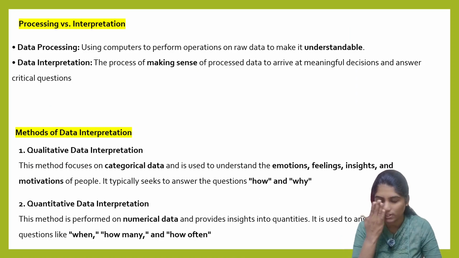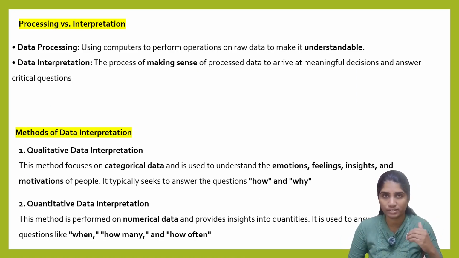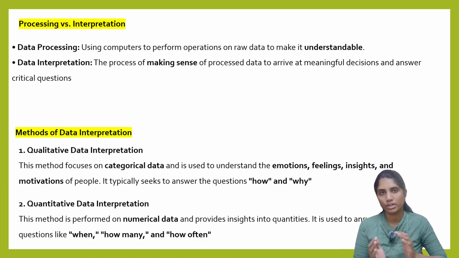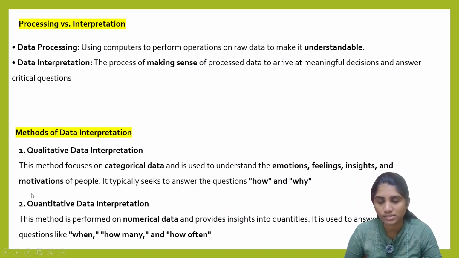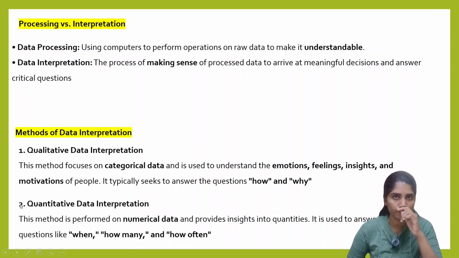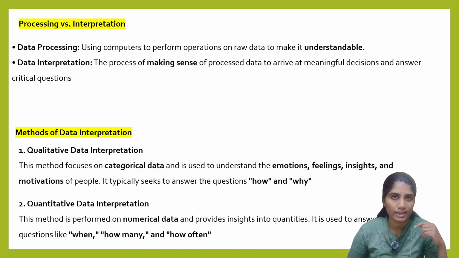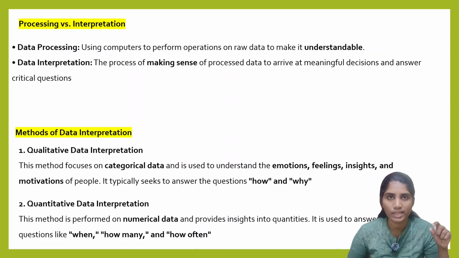Once we understand the different features, the independent and dependent features, and after that we have acquired and collected the data, what are we going to do next with the collected data? We have to process the data. To understand the difference between interpretation and processing, I'll take an age column for students.